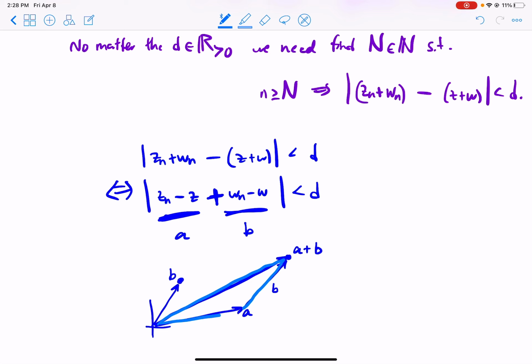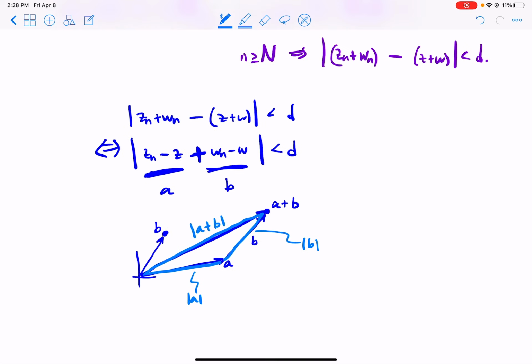This side is the length of A plus B, this side has length A, and this side has length B. The triangle inequality is so useful. It just says that the length of any side of a triangle should be less than or equal to the sum of the lengths of the other sides.